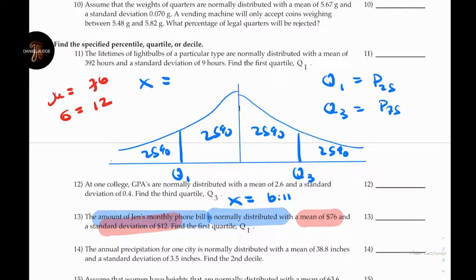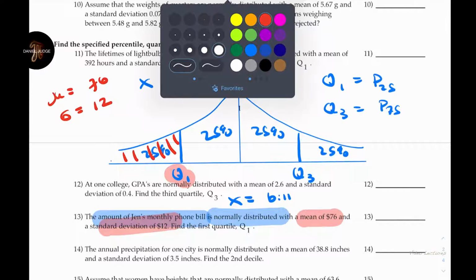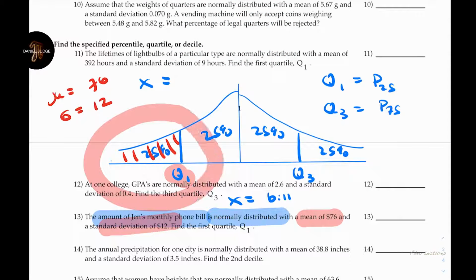Okay? Now, find the first quartile value. You go, oh, what's that? That's again over here, the first quartile value. So for this first quartile, I'm going to use a left tail. Notice that's the same as the default. So I'm going to use a left tail, so that means 25%.